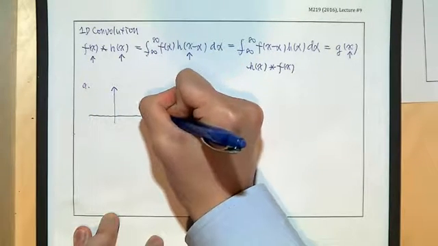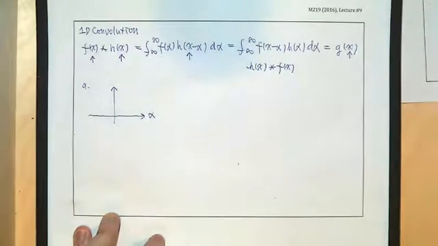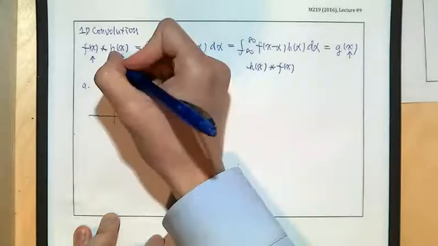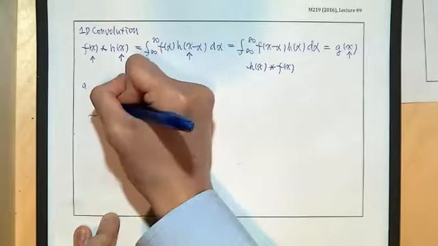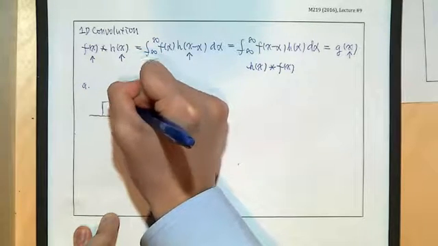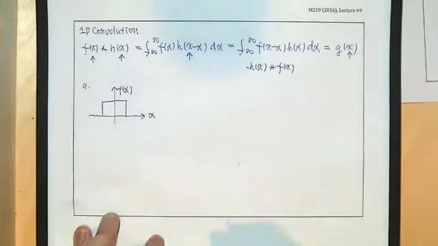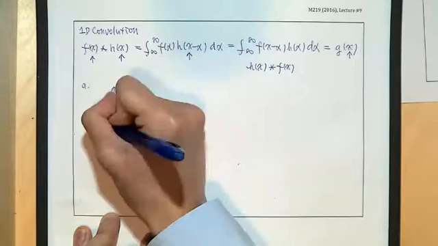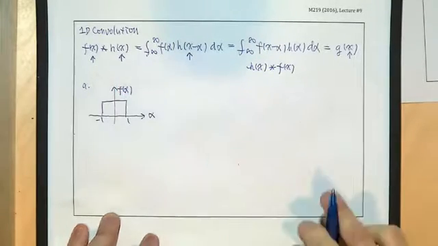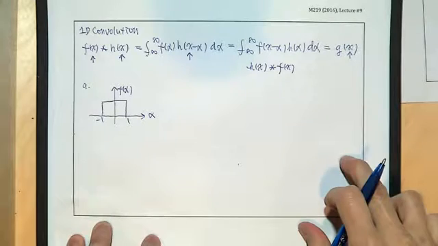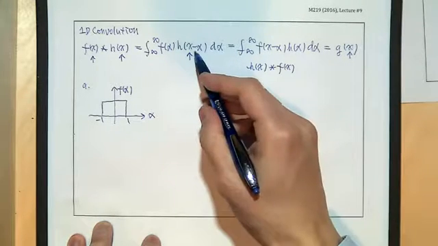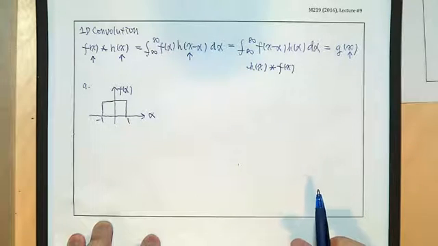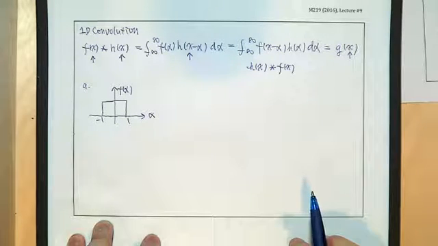And here we'll actually deal with the dummy variable alpha. So let me just write it like f of alpha. And we have a rectangle. It can be of any width, but here just assume that it's going from -1 to 1. On the other hand, we have h of x minus alpha to plot. We don't know what x is yet because it's a variable.